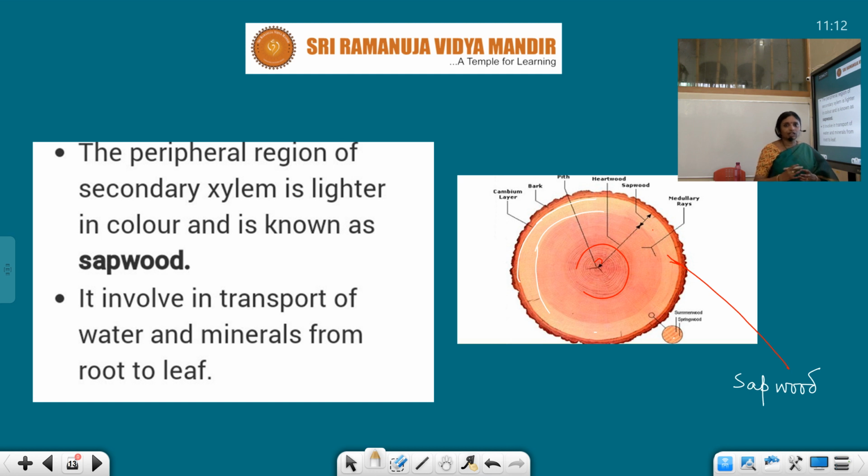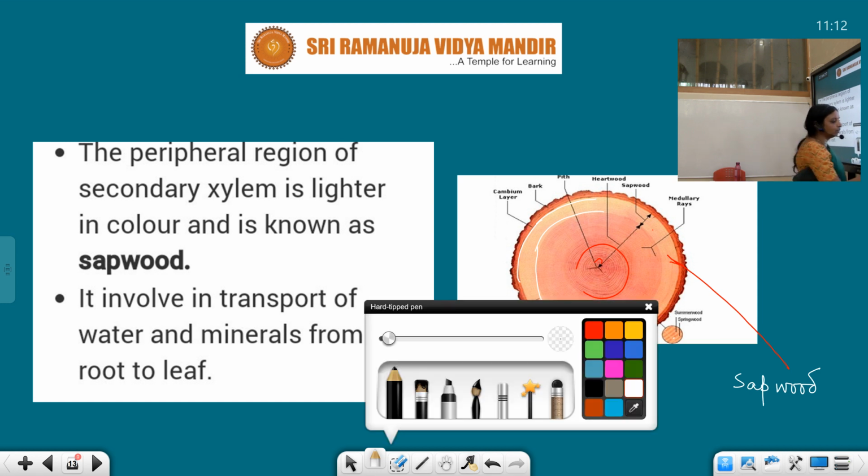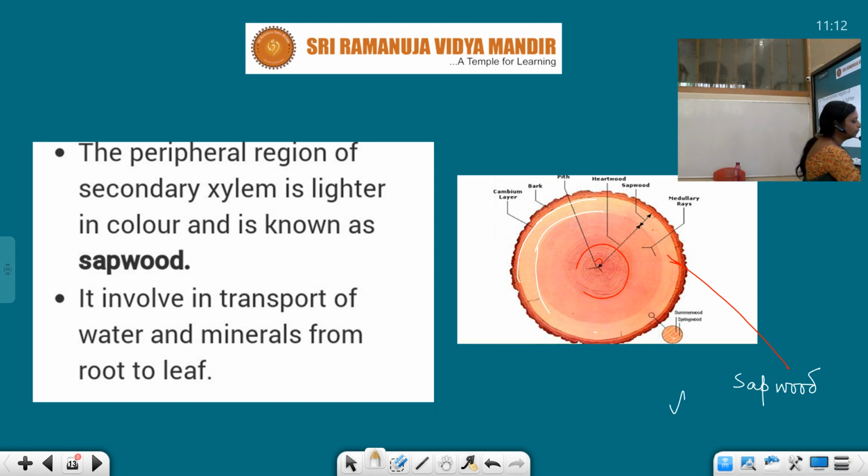The function of xylem is conduction of water. So the central portion becomes hard and dead, known as heartwood, but the peripheral portion is active and conducts water, minerals and salts, and is known as sapwood. It is also known as alburnum.